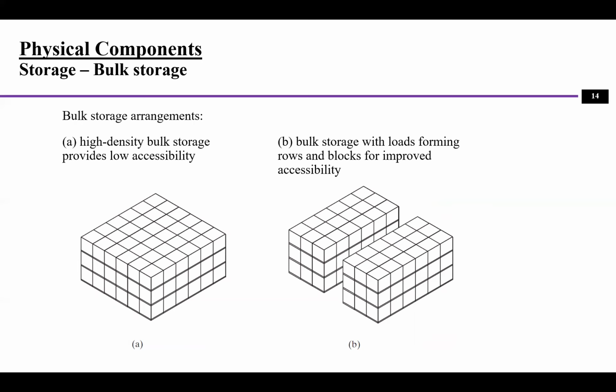It's high density, as you'll see in picture A. But for picture A, the problem is that it's hard to access the products or inventories in the middle. Well, you can use the second one, which develops some rules, and then you can easily get access to the middle of the inventory storage.